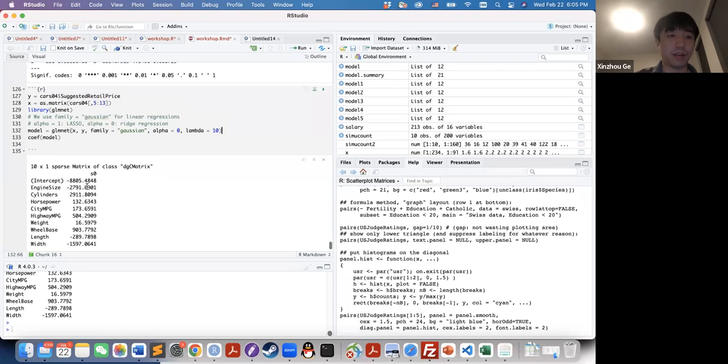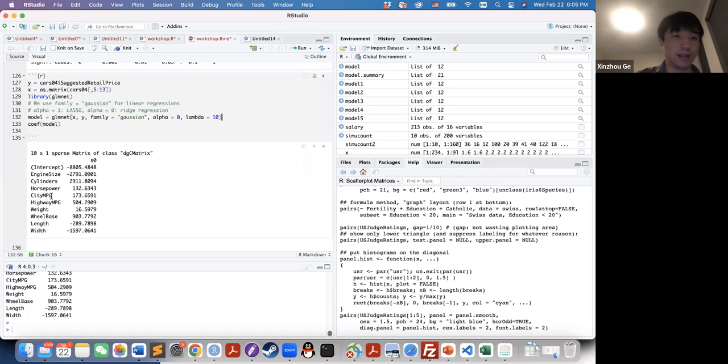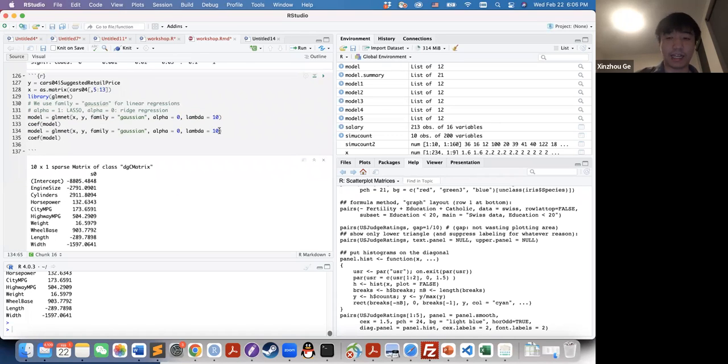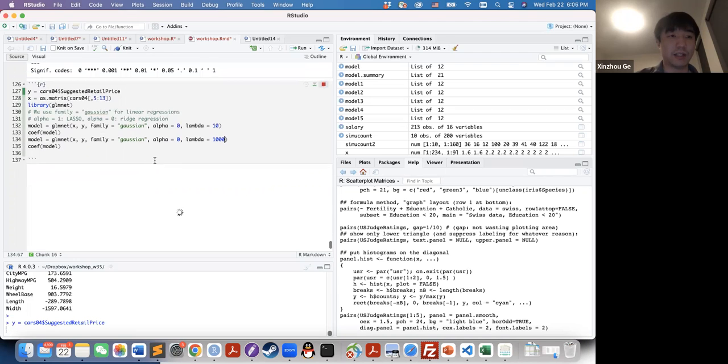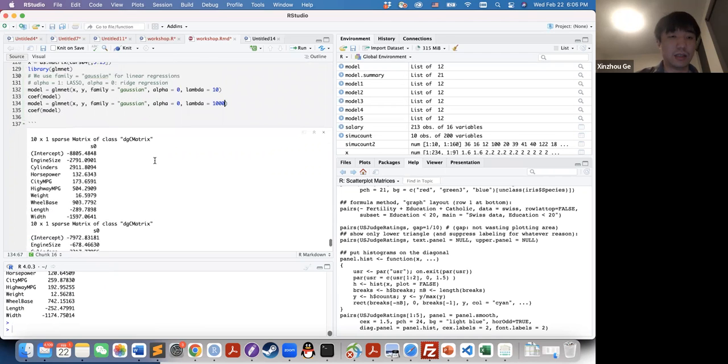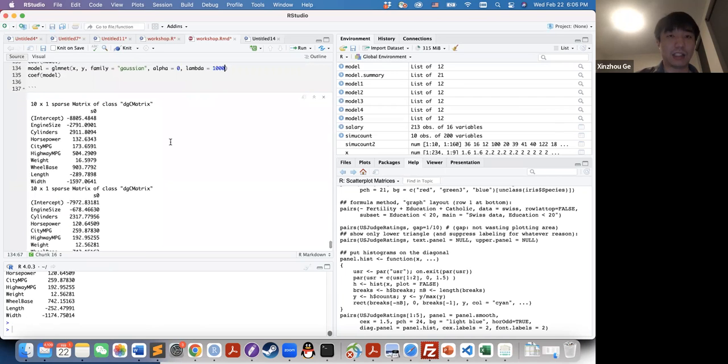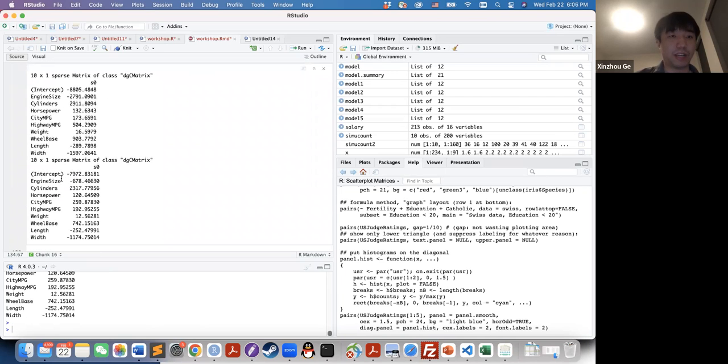Okay, so from the ridge regression, we can see the coefficients for different predictors, and we can also try using a larger lambda, for example, lambda equal to 1000, and compare the coefficients. We can see that by adding a larger lambda, all the coefficients are smaller compared to the previous one.